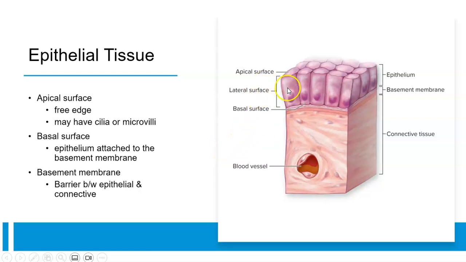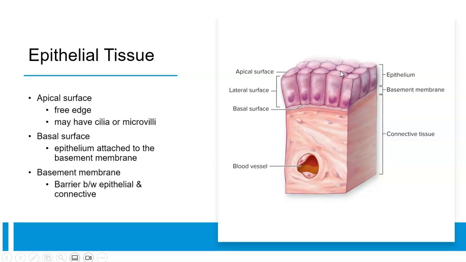Now, notice in this image, here we've got epithelial tissues. There's our basement membrane, the glue that holds the epithelial to the underlying connective tissues. Here we have the apical surface, the free surface, okay? This is the basal surface attached to the basement membrane.